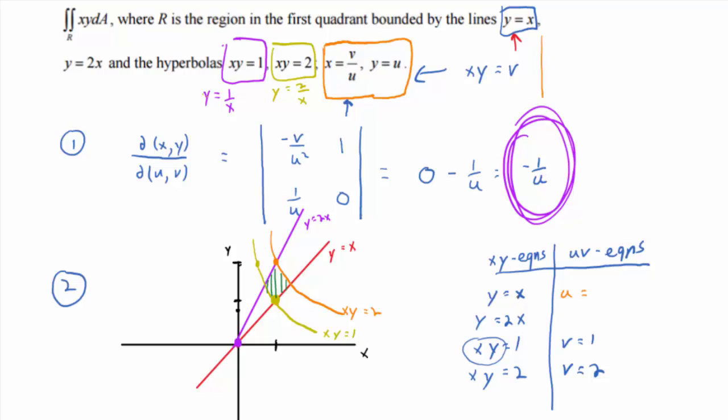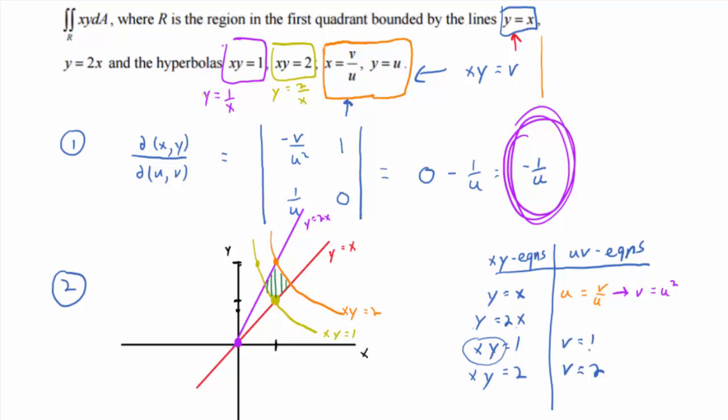And then what could I replace x with? v over u. And what's another way to write that? I don't want another equal sign, that would be bad, but just maybe an arrow. So from that, I can get u squared equals v, or v equals u squared. Everybody buy that?